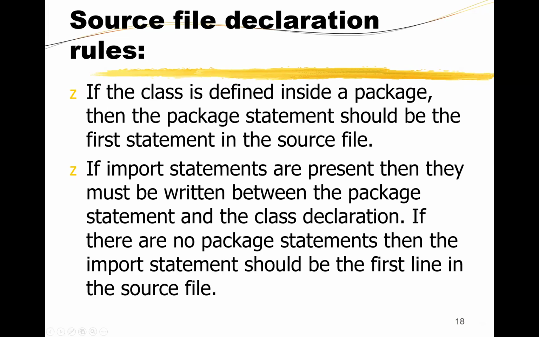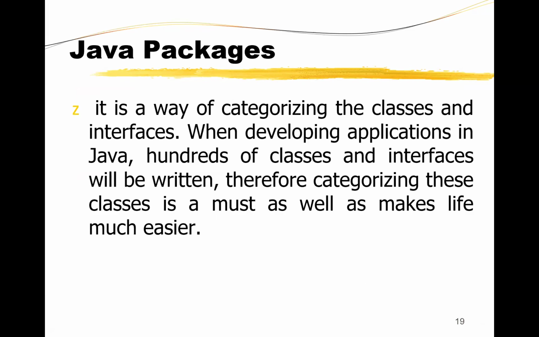Remember that. And then what is the Java package? A Java package is like a folder. If you want to put similar types of classes into one folder, you can create a package and put the classes into it. That is for categorizing the classes and the interfaces.